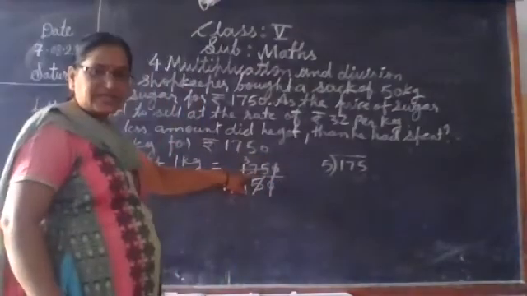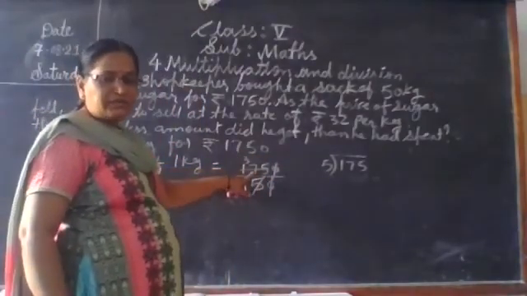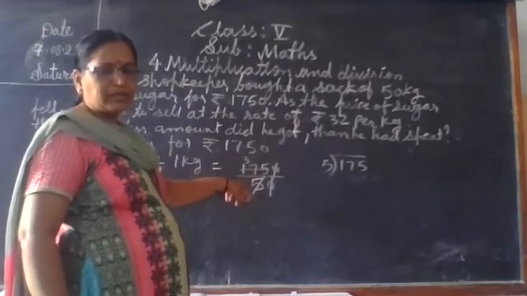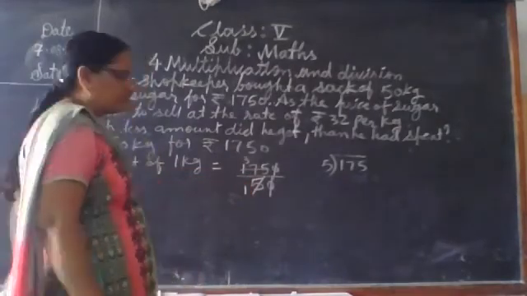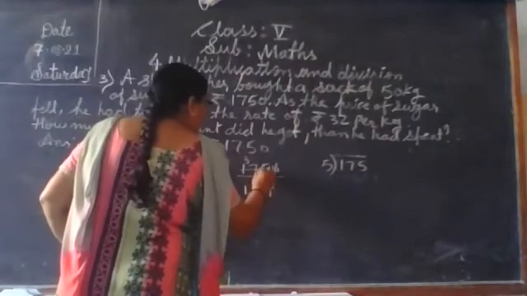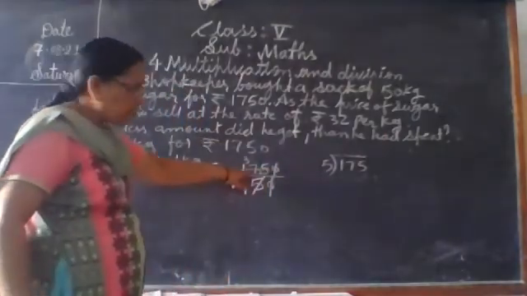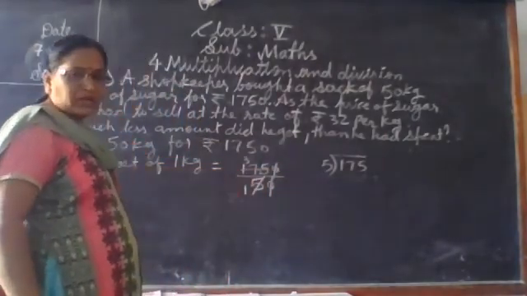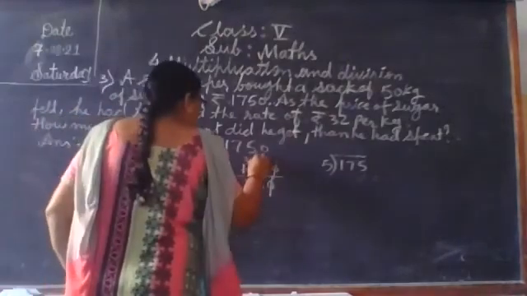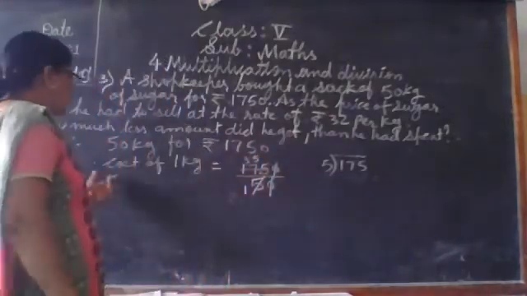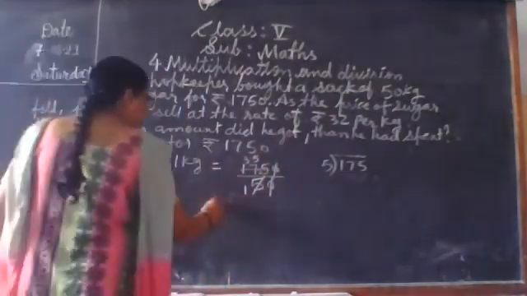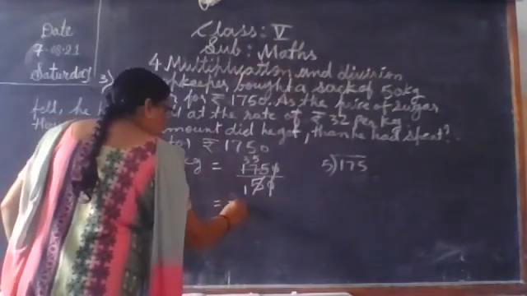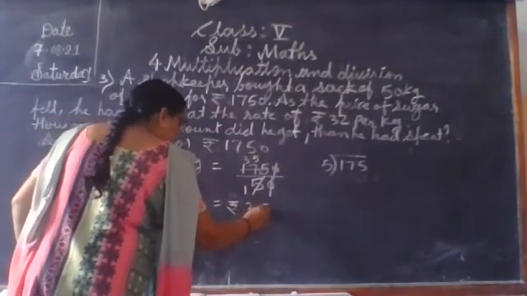Now see, it is 17, so we subtract 15. 17 minus 15 is 2, and we write this 2 before the 5, so it becomes 25. 5 fives are 25. So what is the cost of 1 kg? It is rupees 35.